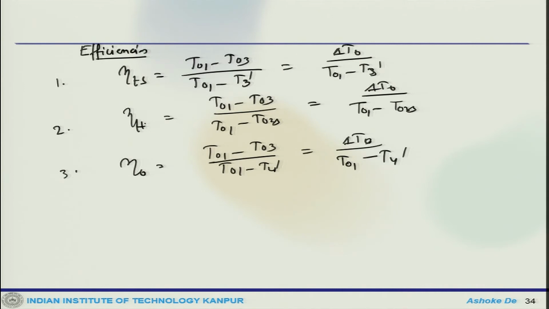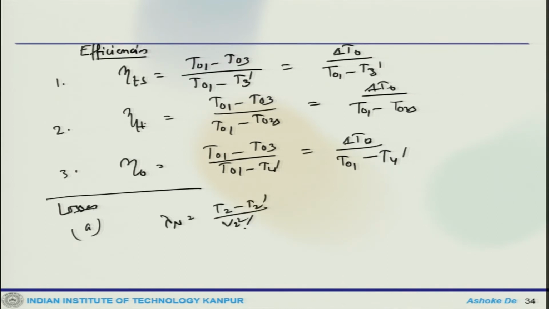Now, there are also losses, like we can have nozzle coefficient losses. Nozzle coefficient loss is defined as T2 minus T2 prime by V2 square by Cp, assuming T2 minus T2 prime is T3 double prime minus T3 prime.